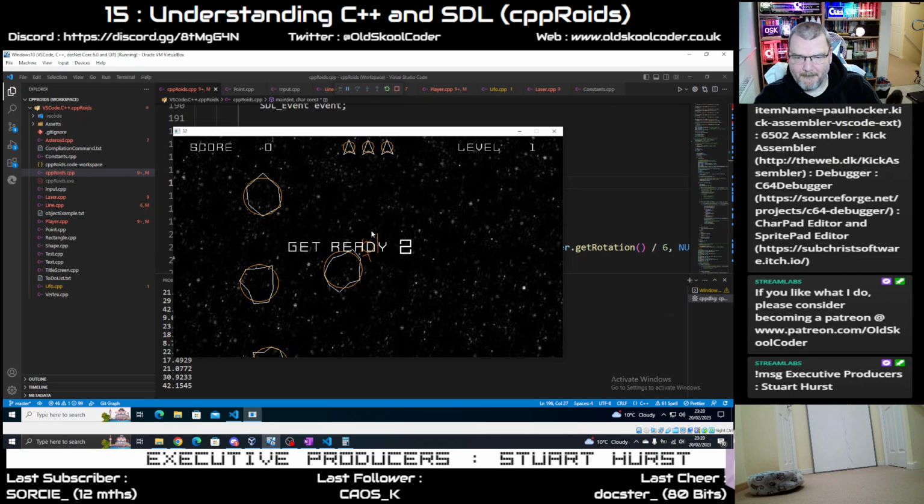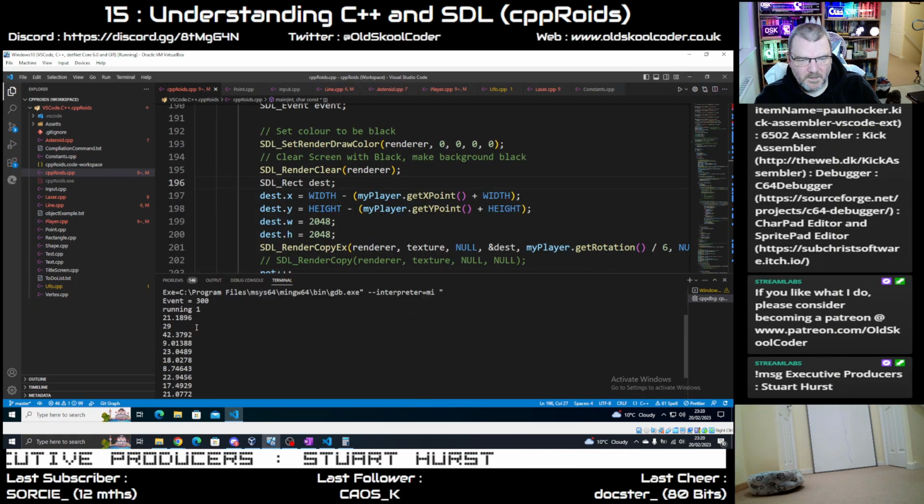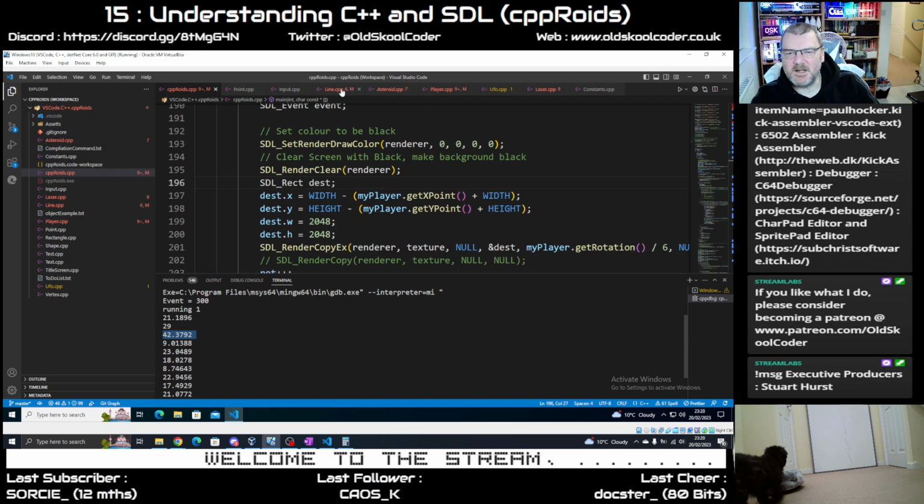Right. 42. Well, that's wrong. If it's 42, 29 plus 21 is not 42. So I am fundamentally getting my centre point wrong.